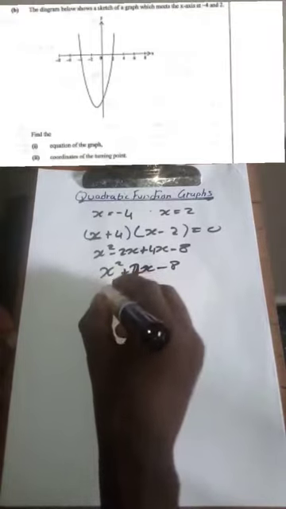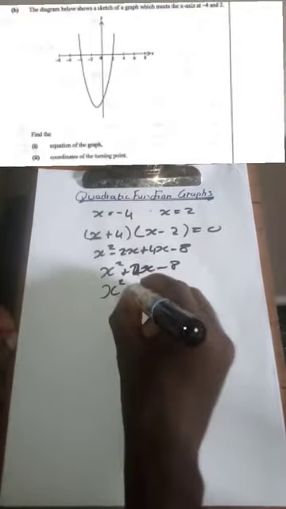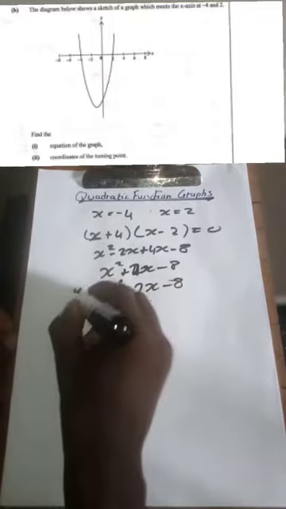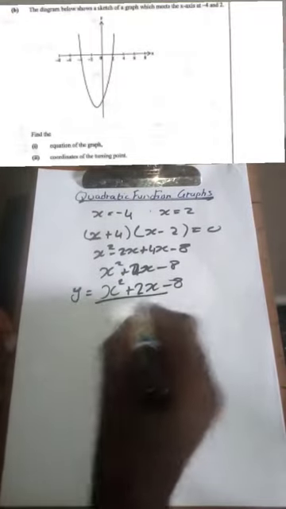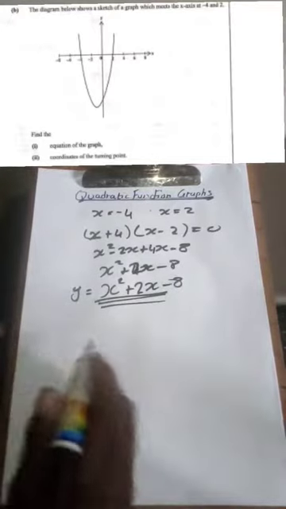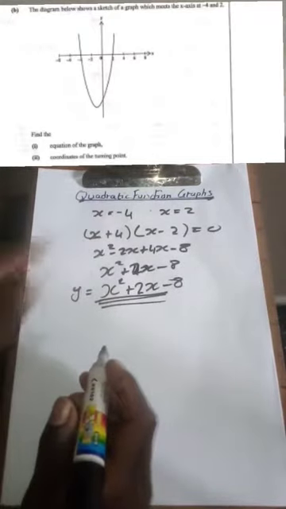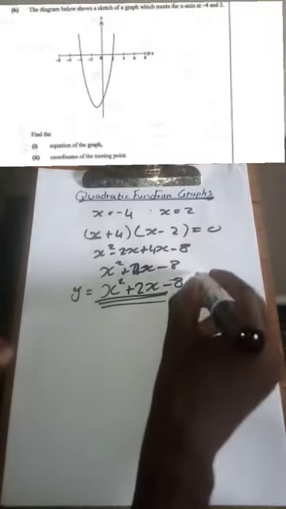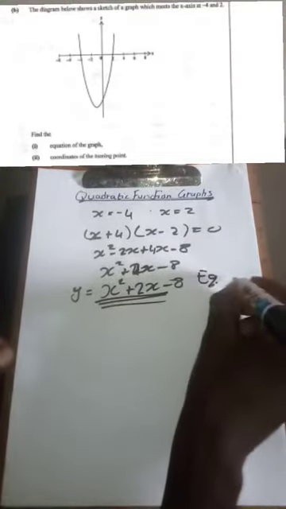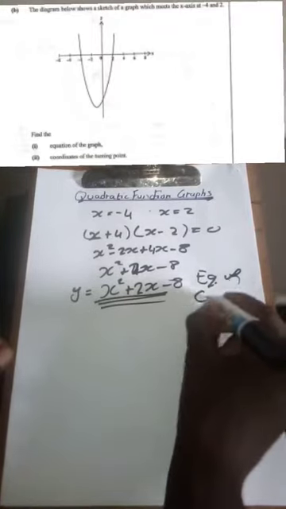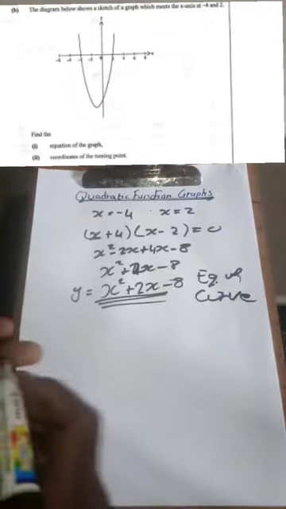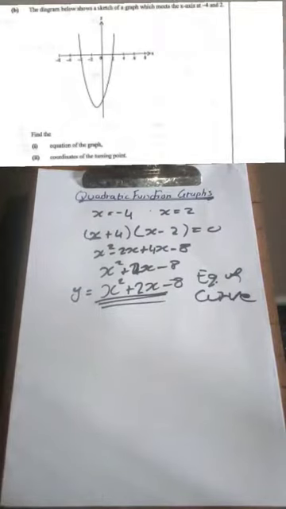Let me write it properly there: x squared plus 2x minus 8, equated to y. This is the equation of the curve, or the graph, in other words. If you factorize this, you're still going to arrive at that answer.